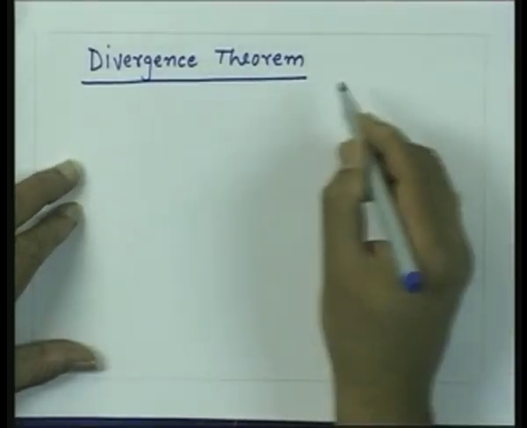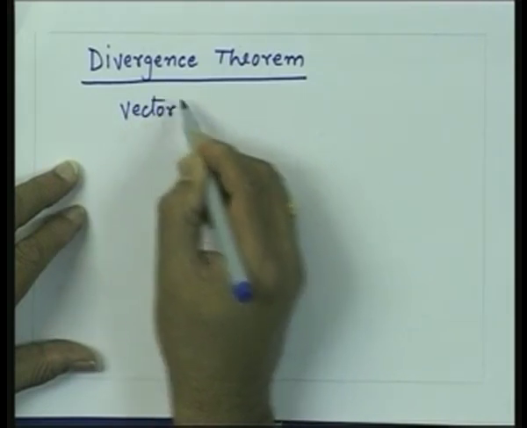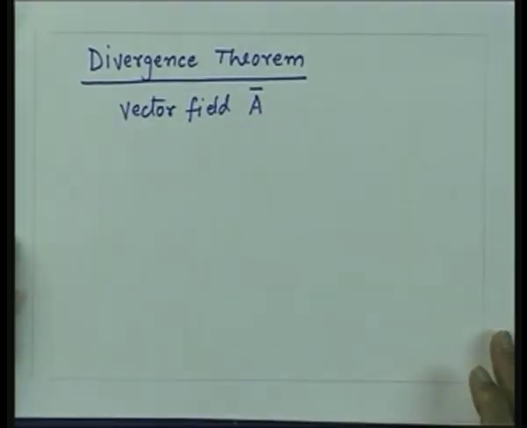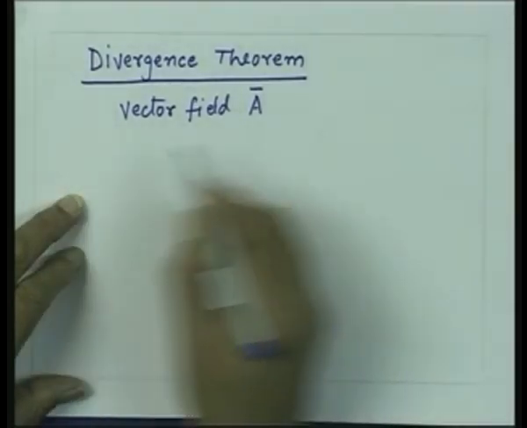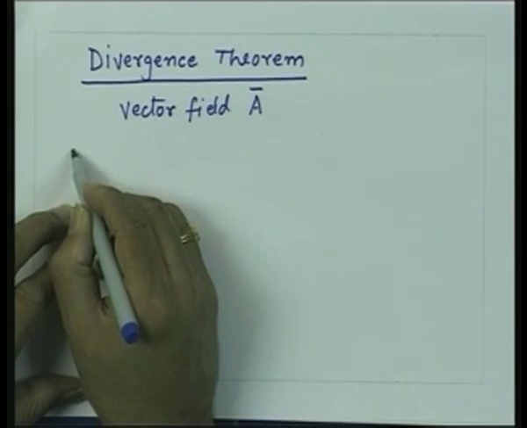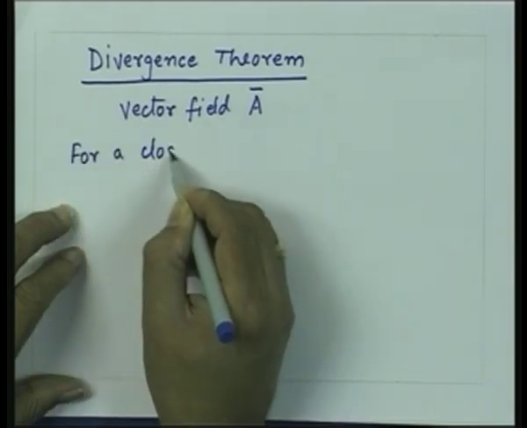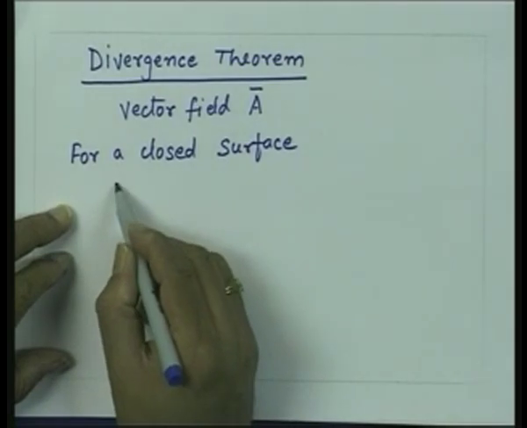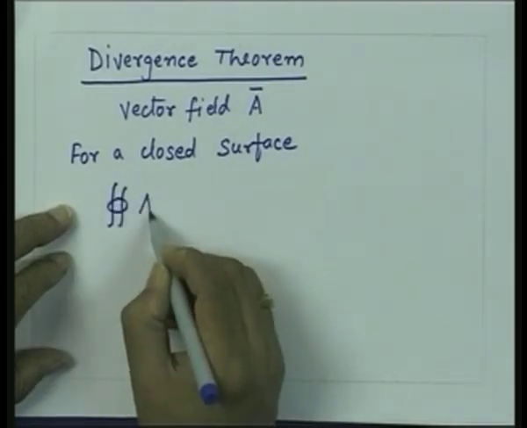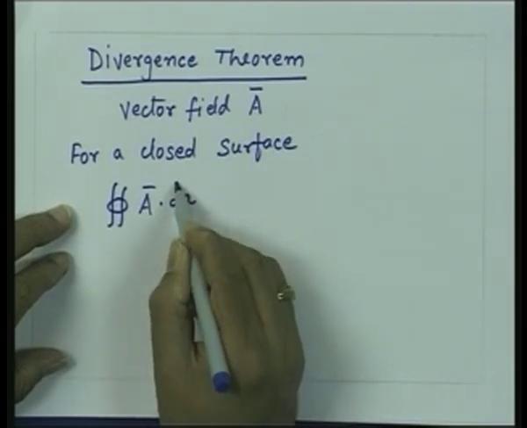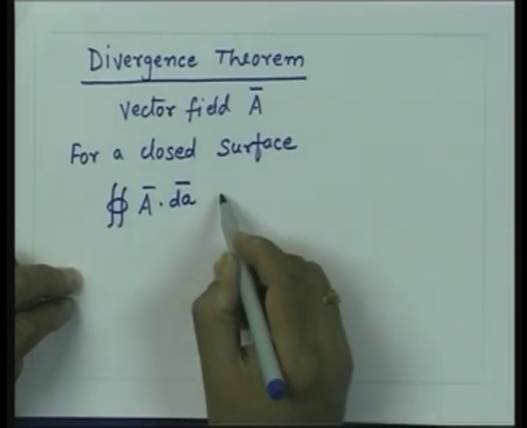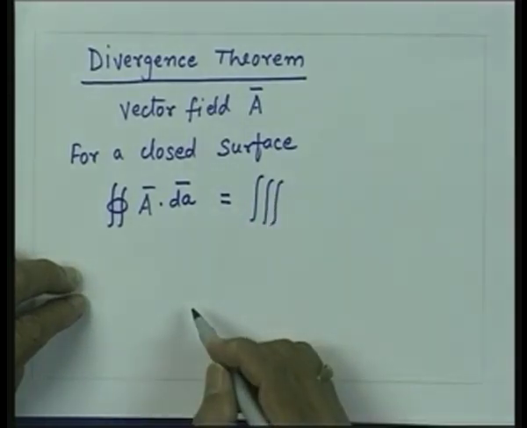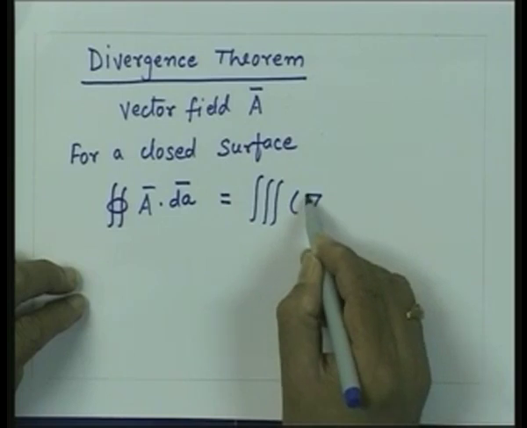If I take a vector field A, then the divergence theorem states that for a closed surface, the integral of A dot dA is equal to the volume integral of the divergence of A.